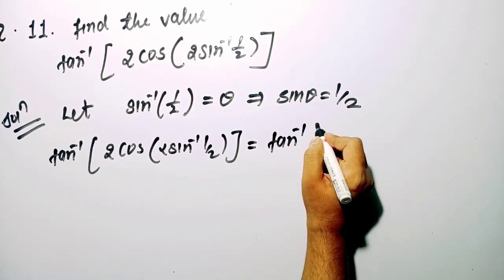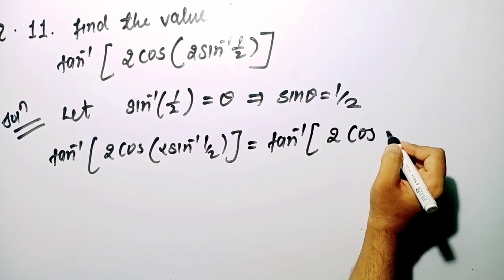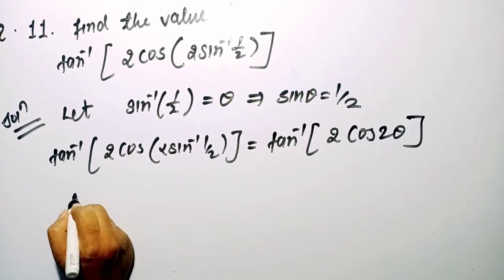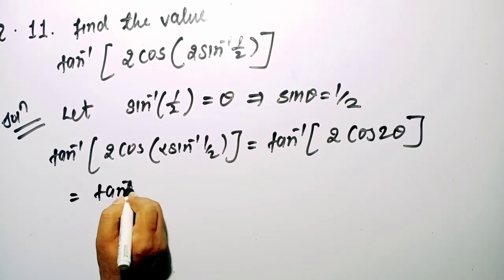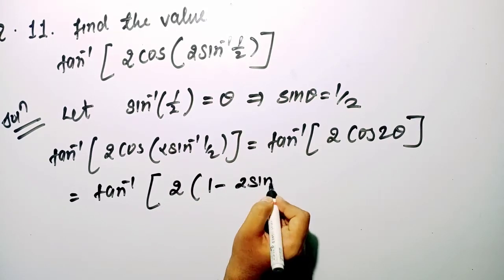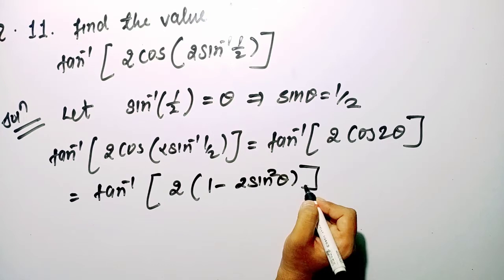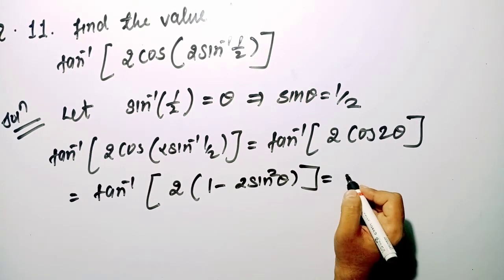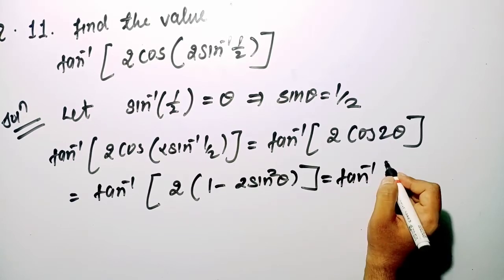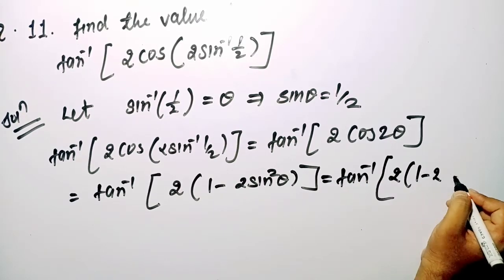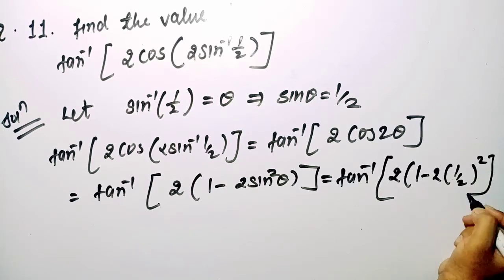Okay students, so writing the values, tan inverse 2 cos 2 sin inverse 1 by 2, where sin inverse is theta, so cos 2 theta, right students. Okay, so cos 2 theta can be written as 1 minus 2 sin square theta. The value of sin theta is 1 by 2, so we can write sin square theta is equal to 1 by 2 whole square, so 1 minus 2 times 1 by 2 whole square.